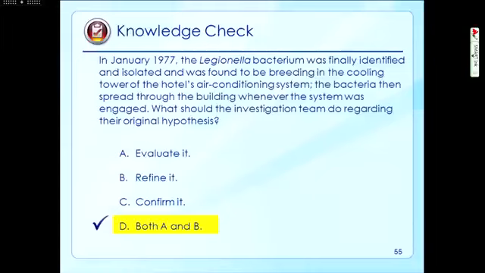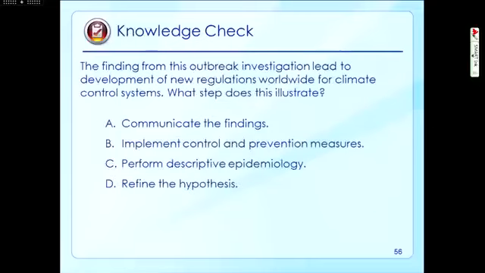The correct answer is D. They should both A, evaluate it, and B, refine it. The findings from this outbreak investigation led to the development of new regulations worldwide for climate control systems. What step does this illustrate? This is B, implementing control and prevention measures.